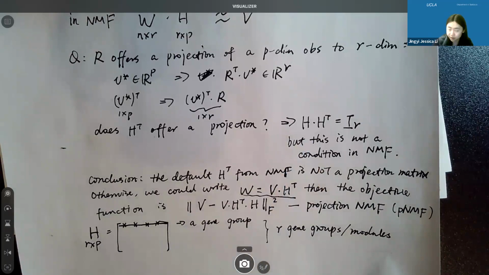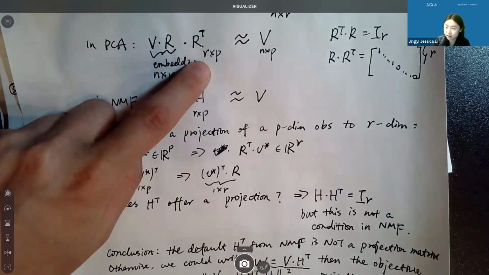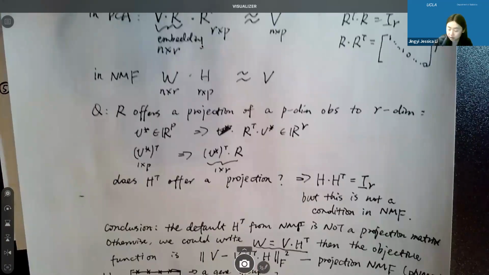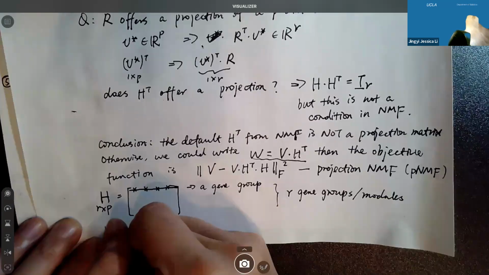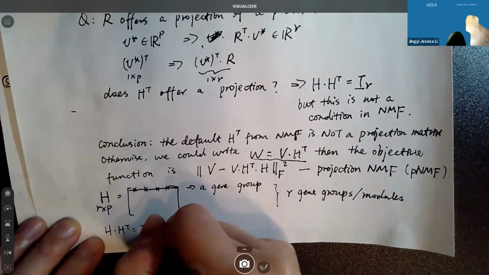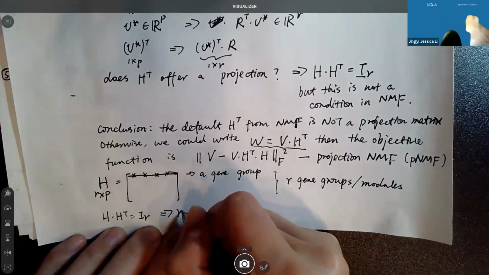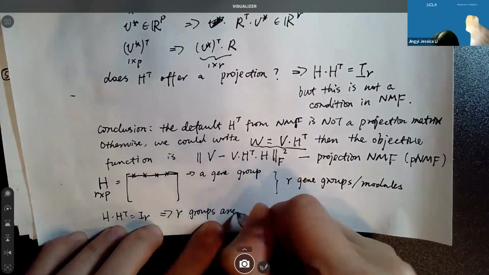There's no requirement about the orthogonality of the R new dimensions, while in PCA, we naturally have that orthogonality, right? All the PC loadings are orthogonal to each other. So here, this orthogonality ensures that the R groups are orthogonal.